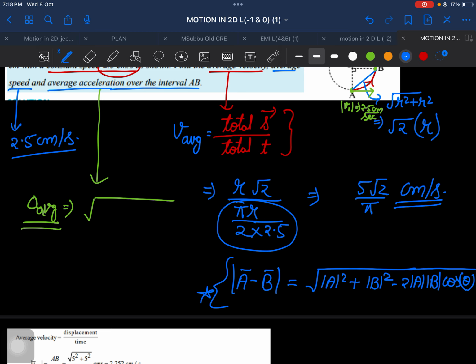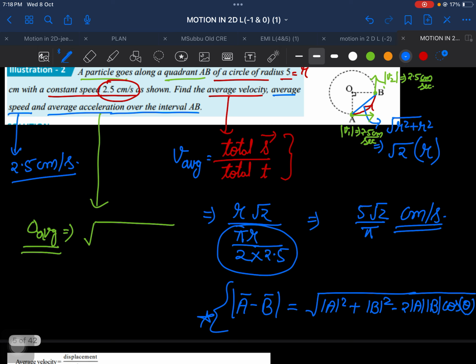That's what we are using here. So v1 square means 2.5 square, plus v2 square, again 2.5 square, minus 2 v1 v2 cos theta.